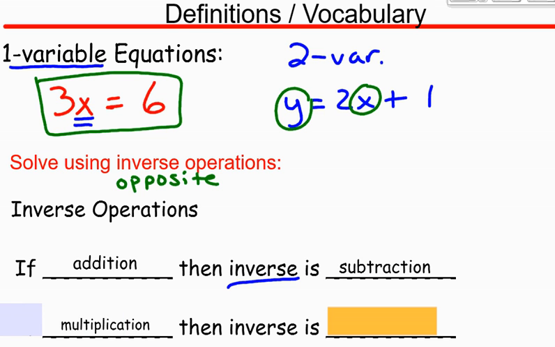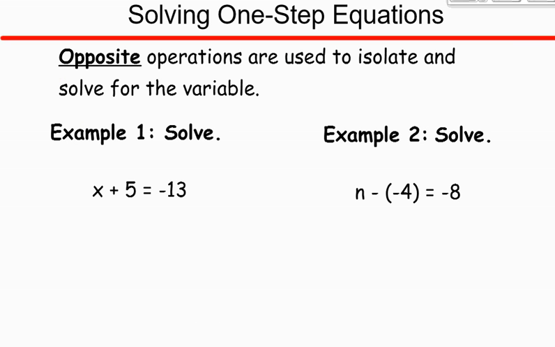Also, if I'm doing multiplication, the inverse is, you probably already know, division. Okay, so whatever I see, I'm going to do the opposite of that. Opposite operations are used to isolate and solve for the variable.